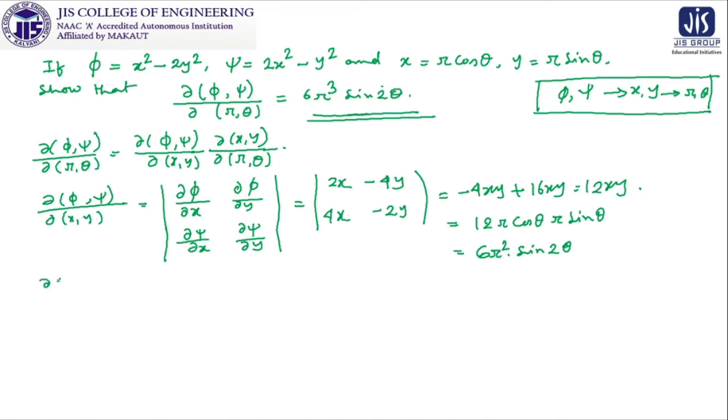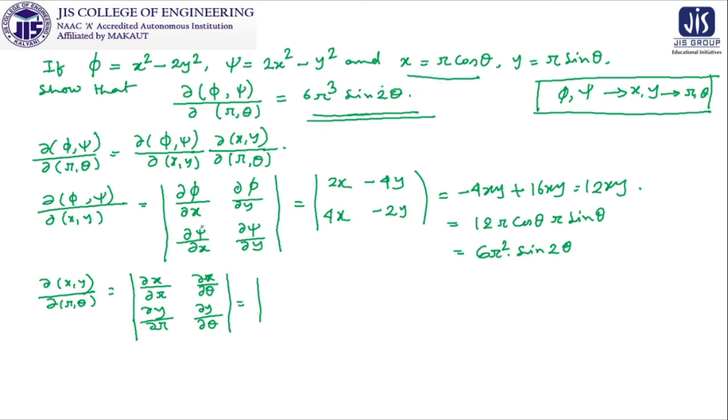And also we need ∂(x, y)/∂(r, theta), and according to the expression it will be ∂x/∂r, ∂x/∂theta, ∂y/∂r, ∂y/∂theta. So ∂x/∂r from this relationship will be what?